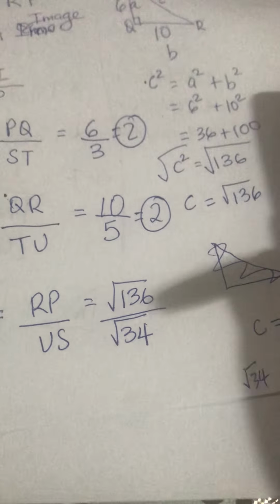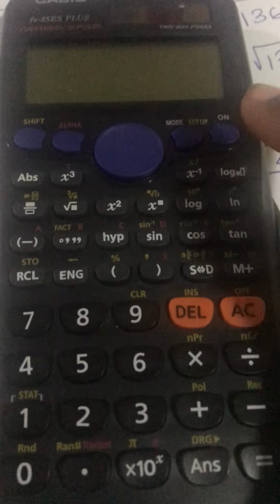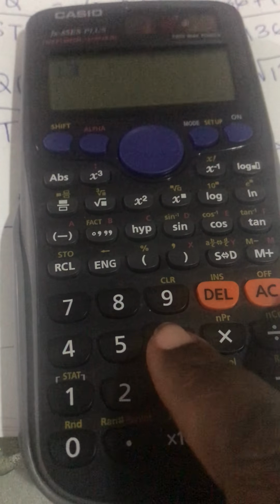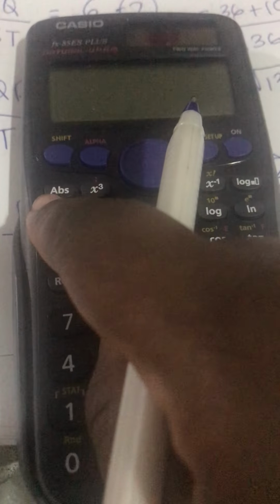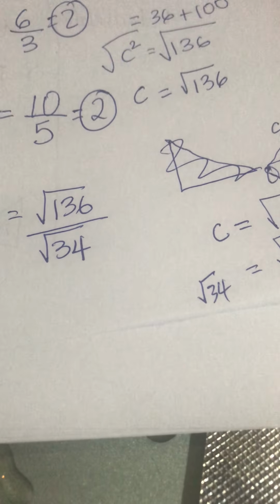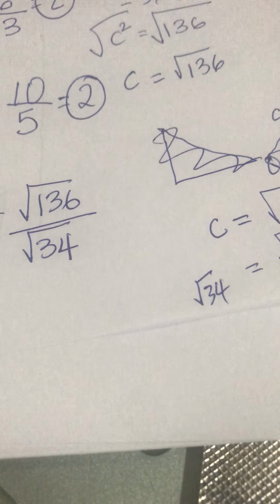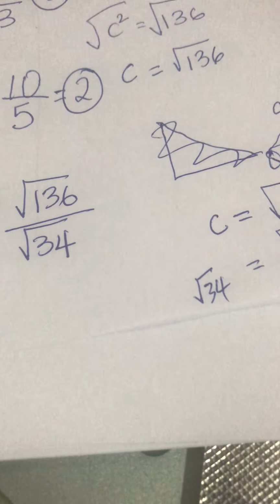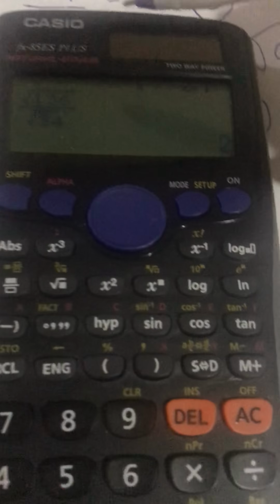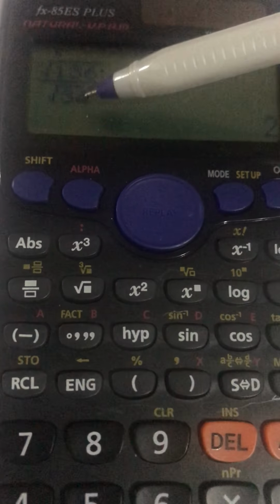Now let's see if this one is going to give us 2. You see? Square root of 136 divides square root of 34 gives me 2.